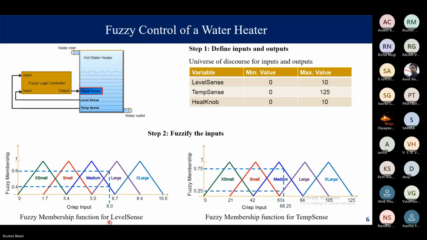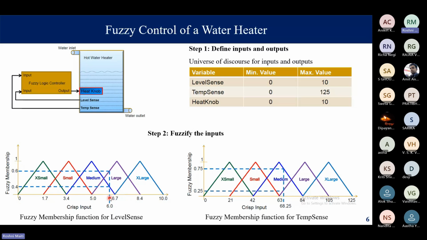Now we have given inputs. 6 will be the value of the level which we want to maintain, and 68.25 is the temperature which we want to maintain. For the level, this value 6 does not belong to only one membership function.